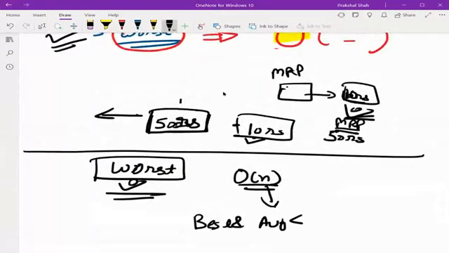Take the example here: if my worst case is 10 rupees, this is my maximum price. I can get my product for less than this, but not greater than this. Correct? Right?